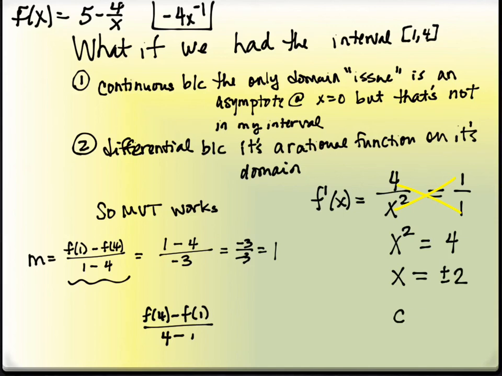It's only equal to positive 2. How come? Because of the interval. You got to go back and make sure that you're looking at the interval you're talking about. It was guaranteed to have at least 1, and it could have 2. But you have to make sure you're on the interval. So I do have 2 possible values. The only one that's on my interval is c equal to 2. Any questions? Awesome.